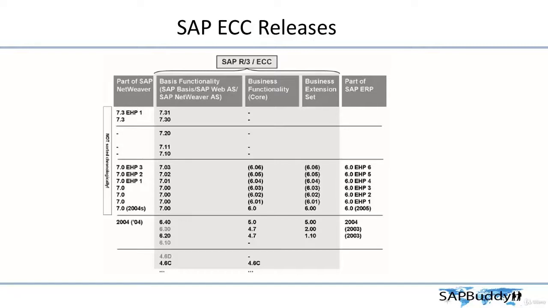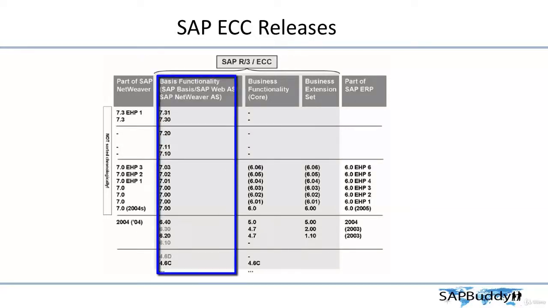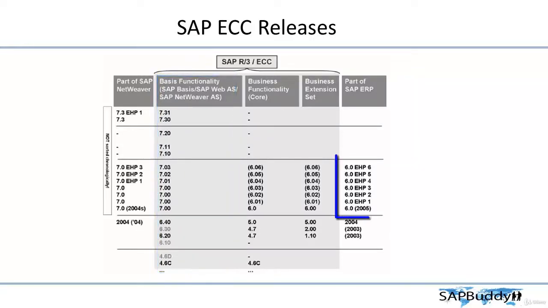On ECC 6, which we are using nowadays, SAP provides you enhancement packages which are called EHP. You can also use EHP 0. The system which we are demonstrating right now is an EHP 0 system. However, right now we have EHP 7. You can see different releases, and you can also see the NetWeaver versions, as well as the enhancement package version.